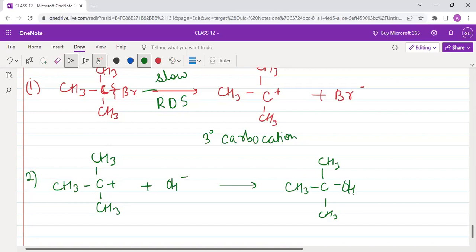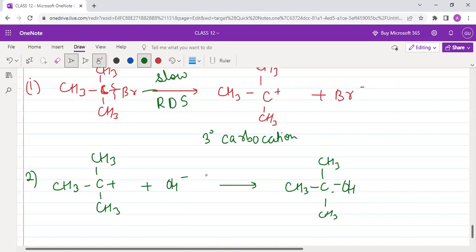So there are two steps. In the first step, cleavage of the carbon and halogen bond takes place, a slow step, the rate determining step. In the second step, the carbocation is attacked by the nucleophile and the carbon-nucleophile bond is formed. This is a fast step.